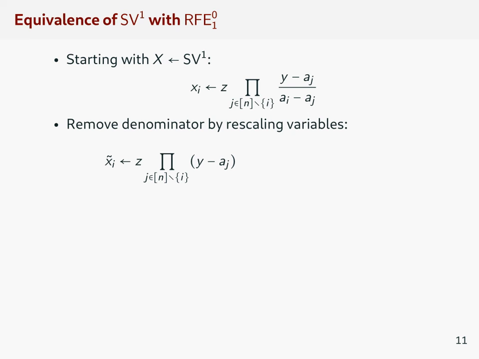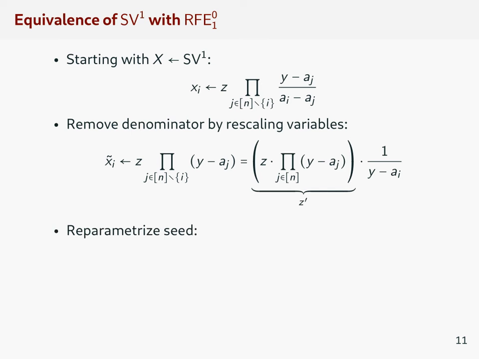Then we're going to rewrite this as a product of two terms, where the first one does not depend on the index I, and the second one depends only on the index I and not on the other indices. And then we're going to reparametrize the seed, so this underbraced segment is going to get replaced by just a new variable z prime, and you can view this as just a change of variables.